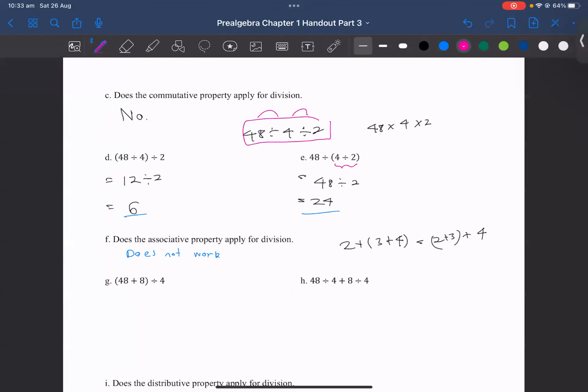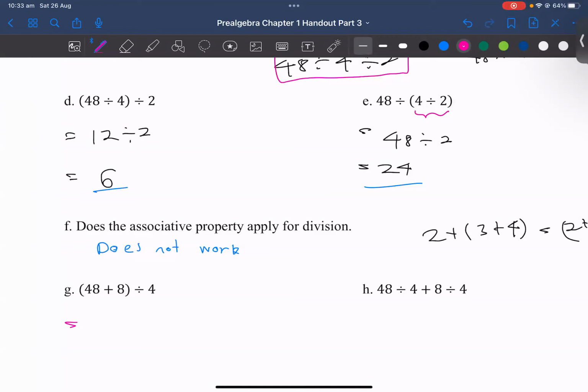And finally, we'll check the distributive property, which is whether we can distribute addition over division. If there's addition inside brackets, can you split it up nicely? That's the question. So let's do part G and H and compare the answers. If it's true, it's probably true that distributive is true.